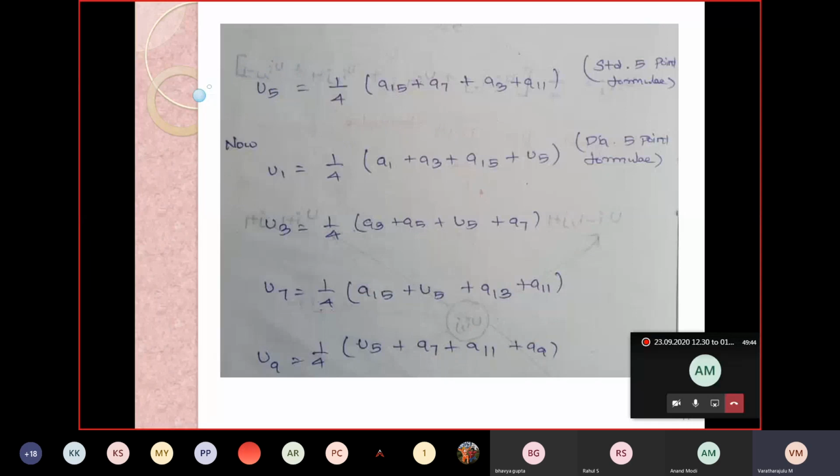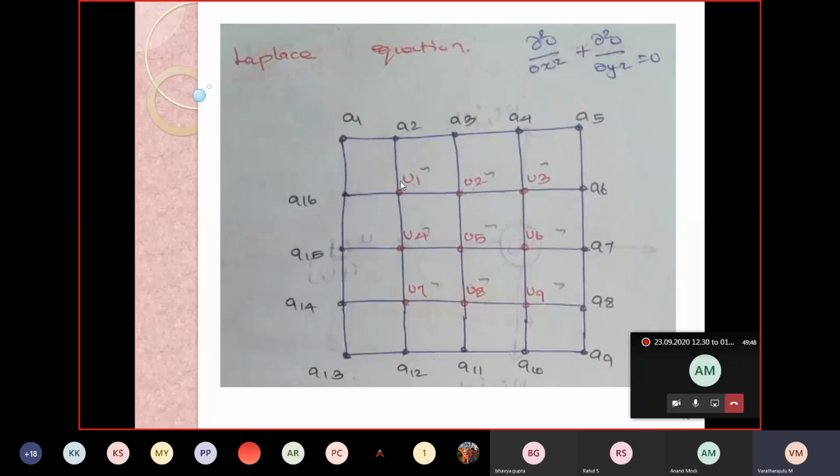Now concerning u2, we know u1, already a3 we know. Now we have calculated u3, we have calculated u5 based on the 4 boundaries which lie on the axis. With that we can find u2. Similarly, we can find u4, u6, and u8.